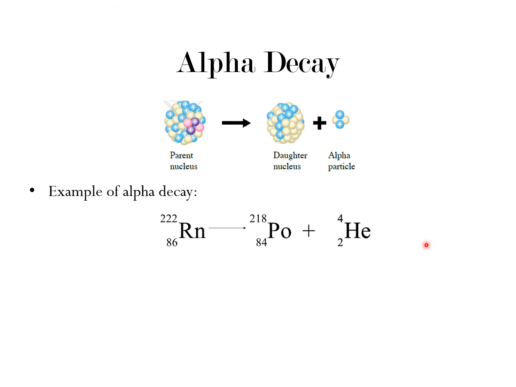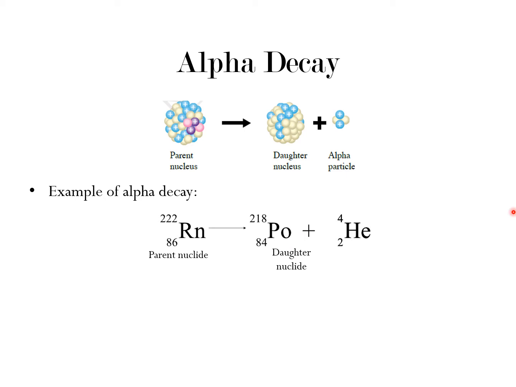So here is the decay equation for radon-222, which undergo alpha decay and produce polonium-218. So here, radon is the parent nuclide, which is unstable nucleus, and polonium is the daughter nuclide, which is more stable nucleus.